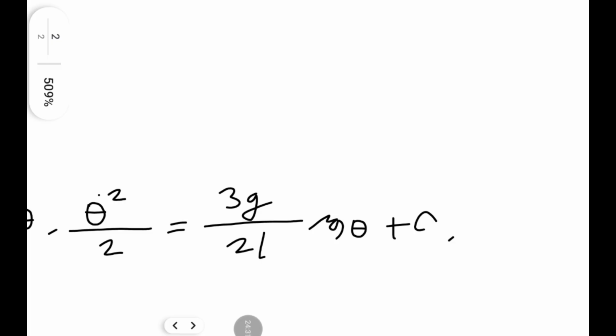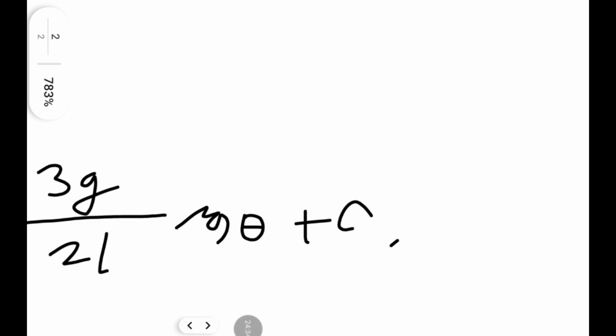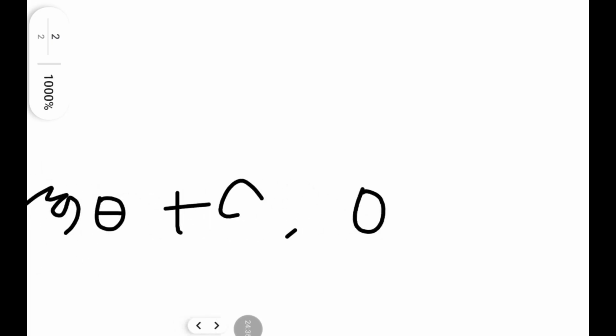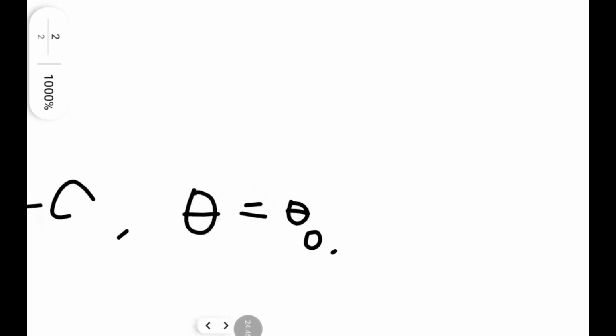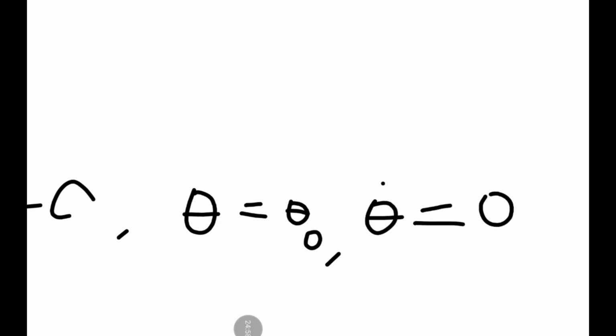Let's sort out this c part. We'll start at the initial angle. So when theta equals theta 0, since we're going to assume at time equals 0 the entire system starts from rest, the initial angular velocity will be 0.